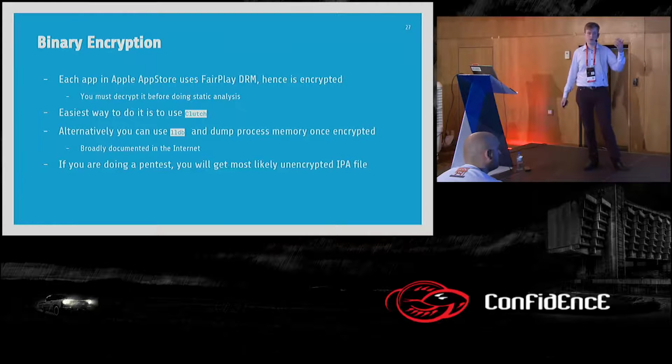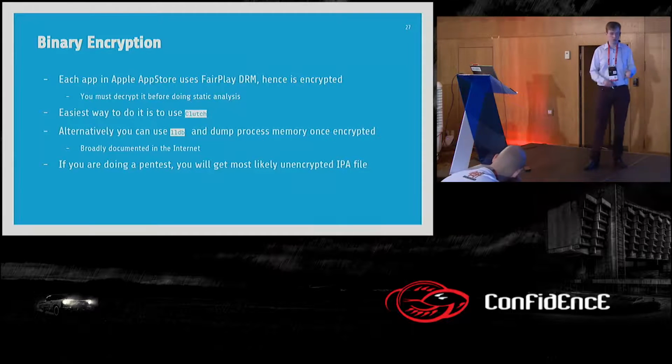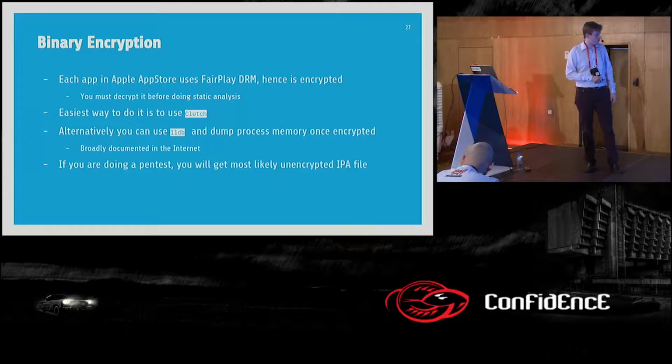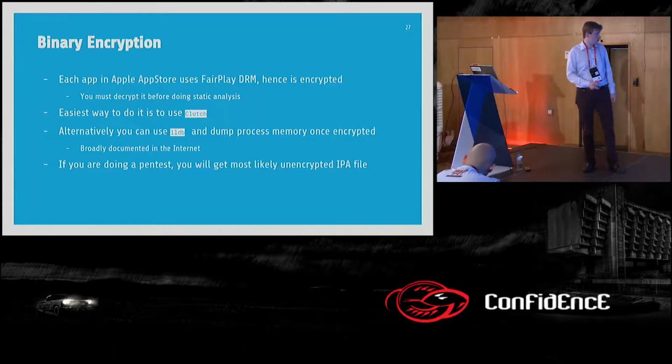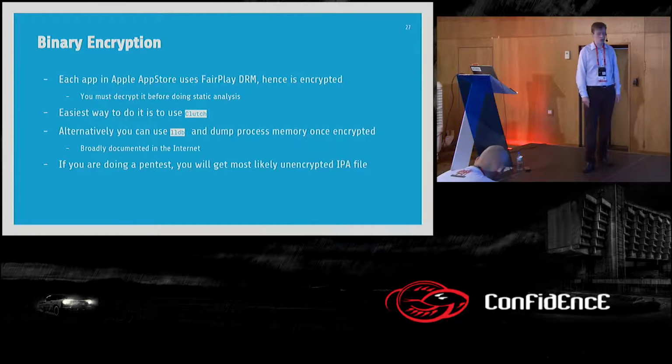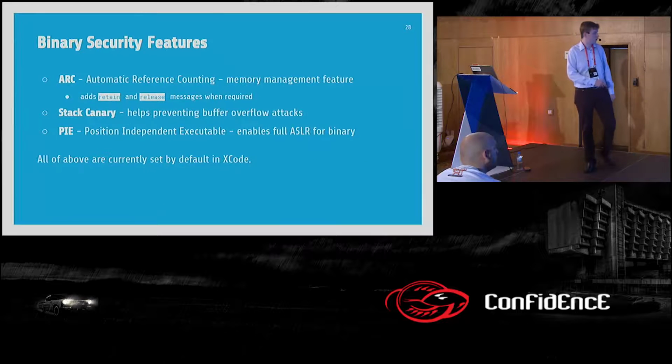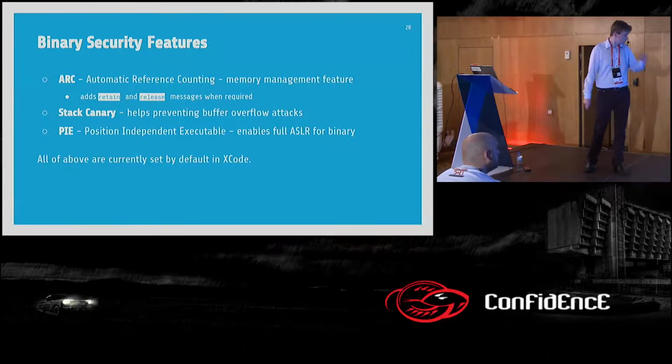But if you download the IPA from the App Store and put the binary into Hopper, IDA Pro, whatever, you'll get garbage because it's encrypted. Now, there are some tools that do it for you. You just give the tool, which is called Clutch, the binary, and it decrypts it. Alternatively, you can use a debugger. I recommend doing that on your own. I won't go into details because it's broadly documented on the internet. No point in repeating it here.